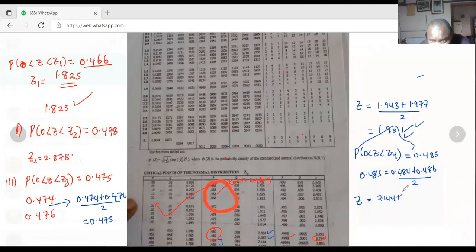Plus 2.19, 197 divided by 2. We shall get 1705.